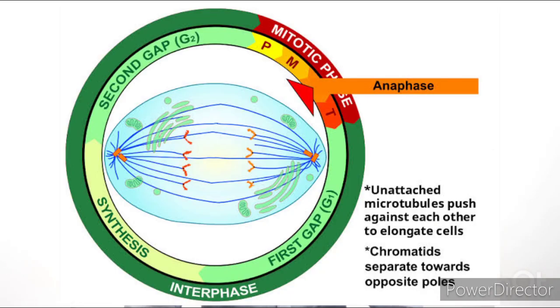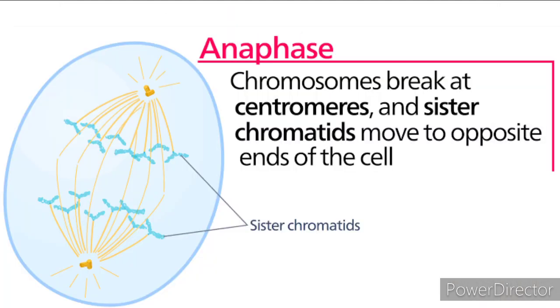The next stage comes as anaphase. In anaphase, each centromere splits into two daughter centromeres, each retaining one of the two chromatids, which are known as sister chromatids.